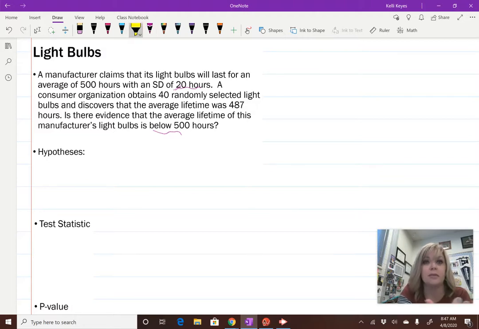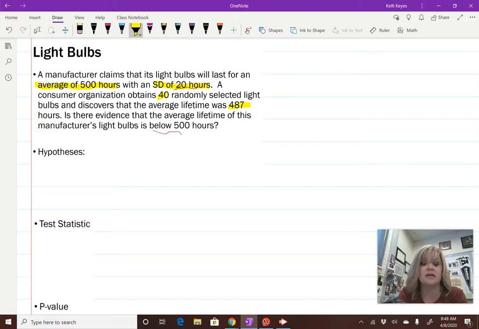There are some key words or numbers that we want to look at. A manufacturer claims an average of 500 hours with an SD of 20 hours. That is their claim, which means that's the parameter we're looking at. So the null hypothesis will be based off of that claim. Then they sample 40 light bulbs and find the average is really 487.